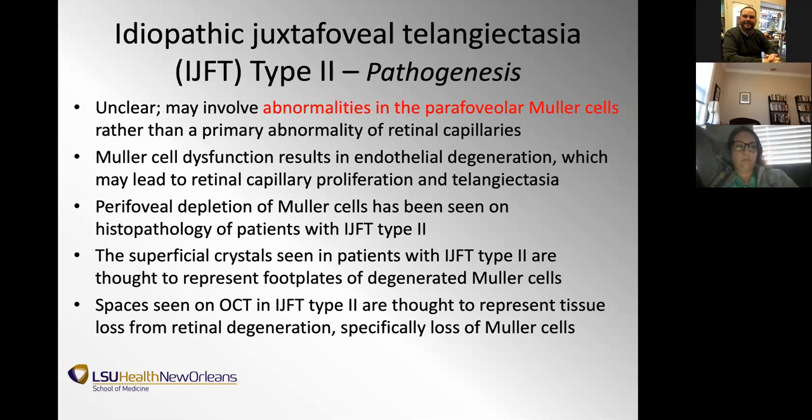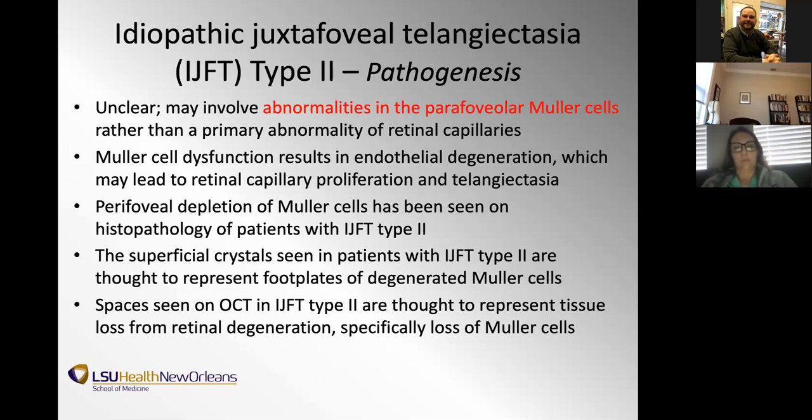The superficial crystals seen on the retina are thought to represent foot plates of degenerated Mueller cells. And that explains why treatment with anti-VEGFs is not recommended unless there is subretinal neovascularization.